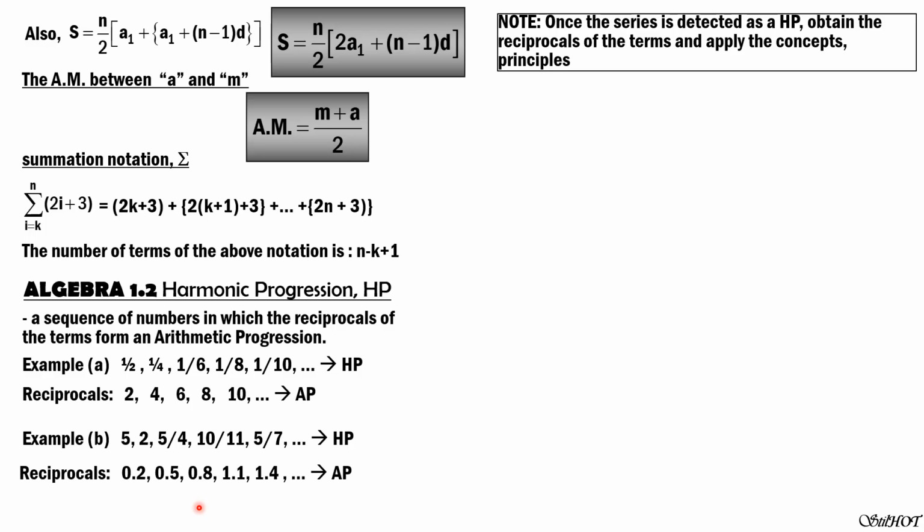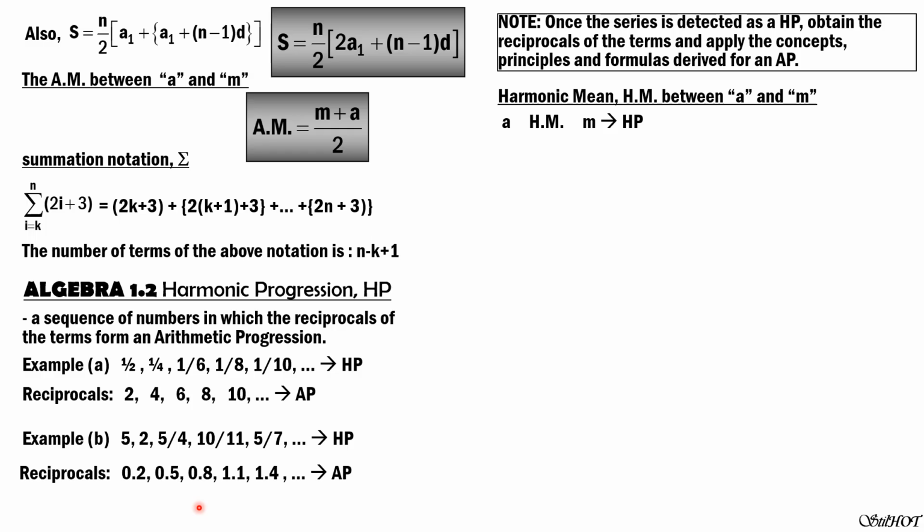Then we'll have the harmonic mean between A and M. Because A and M are harmonic terms, we obtain the reciprocal first. So A, harmonic mean, M are the three terms in harmonic progression.